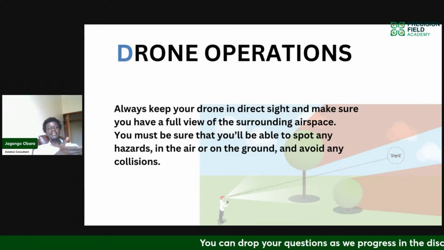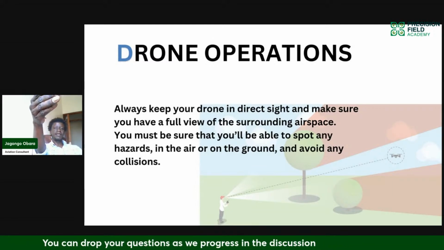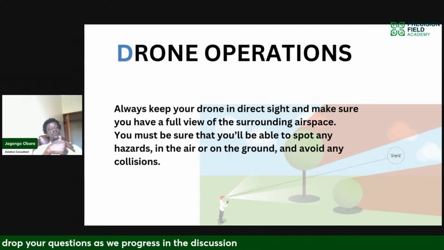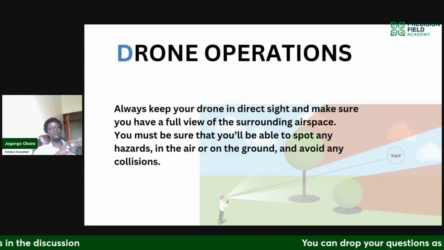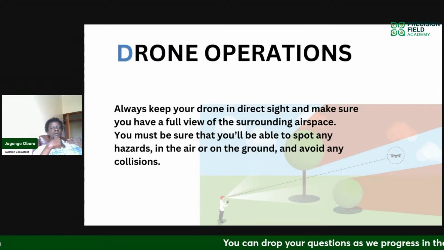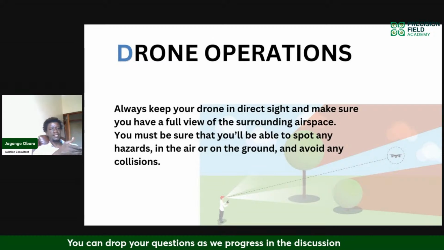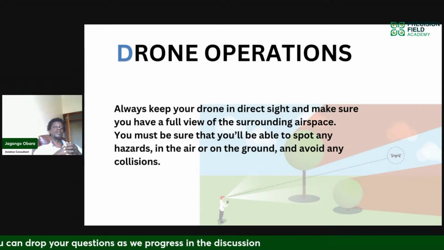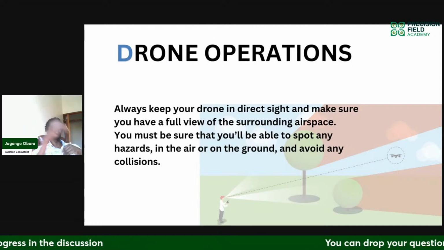That can also be mitigated by having a spotter standing on the other side where the drone will be and keeping a lookout on your behalf and communicating with you and looking out for the hazards on your behalf as a pilot. So you as a pilot might have ultimate control, but you can delegate some of the lookout and the spotting to a ground observer, which is a distance away.